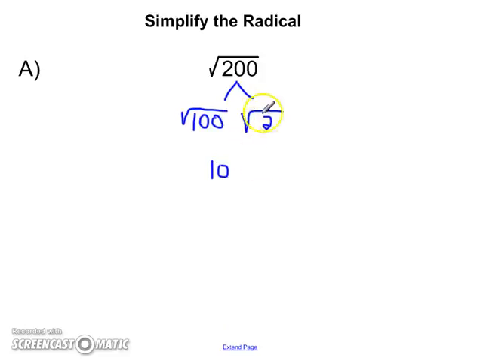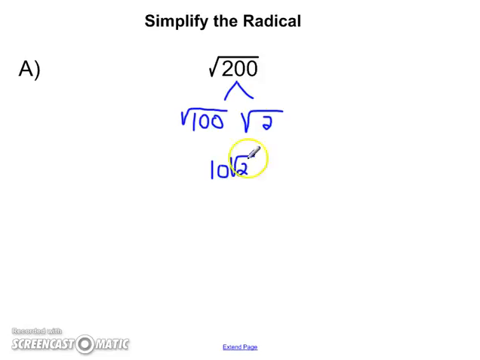Now the square root of 2, well, 2 does not have a perfect square root, so we're going to leave that part. So I took the square root of 100 to get 10, and I'm just going to tack on the square root of 2. So the simplified radical version of the square root of 200 is 10 times the square root of 2.